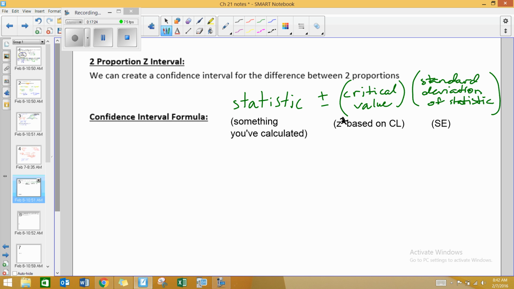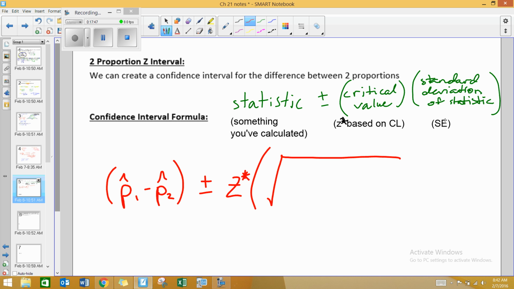So how do we calculate it? Well, we calculate it using our statistics. So we observed this difference. We saw in our sample that the proportion from this first group and the proportion for the second group, there was that big of a difference. And then I'm going to get a Z star based on whatever confidence level I have. And then I use the standard deviation of the statistic. So the standard deviation of the statistic, well, the statistic here is p hat 1 minus p hat 2.